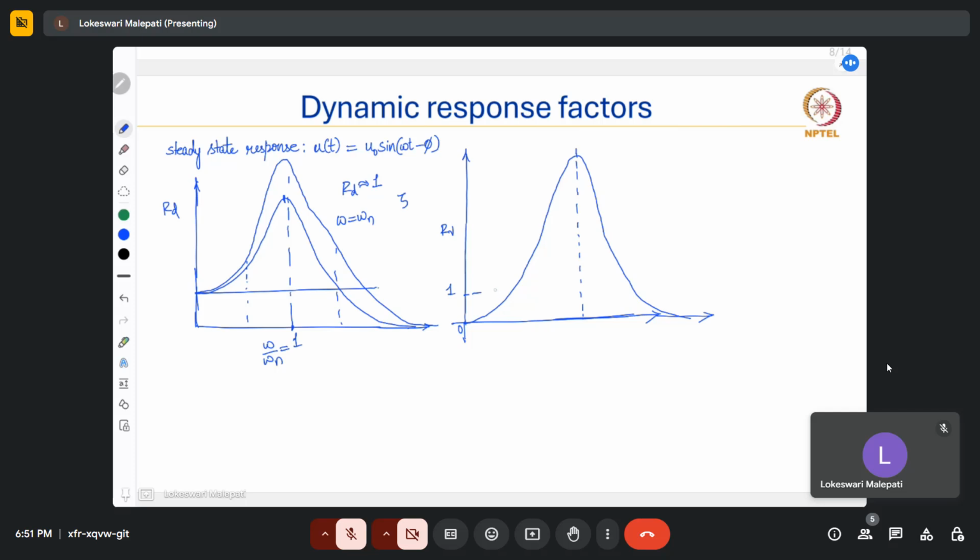For this, when the ratio is very small, it approaches 0. And when the ratio is very large, then it approaches a certain small value. And when it is close to 1, it's very high. For this velocity response, at omega is equal to omega n, we obtain the maximum peak value.